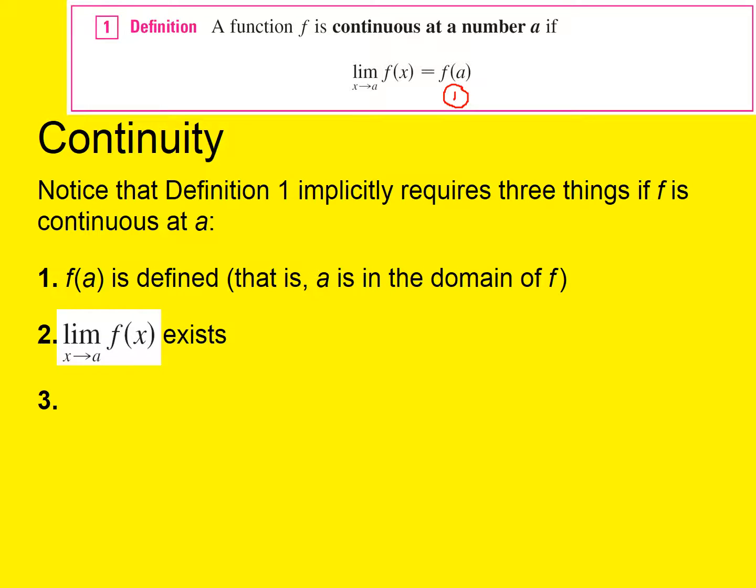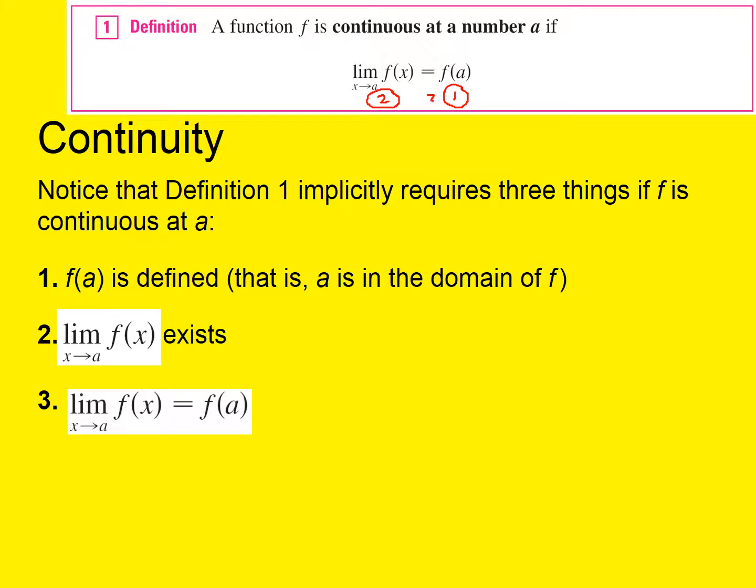The limit as x approaches a of f of x exists. So the left side has to make sense, right? If that limit didn't exist, then the left side wouldn't make any sense. Thirdly, the two things have to be equal.